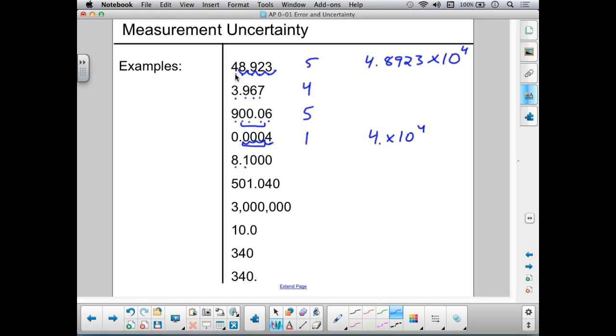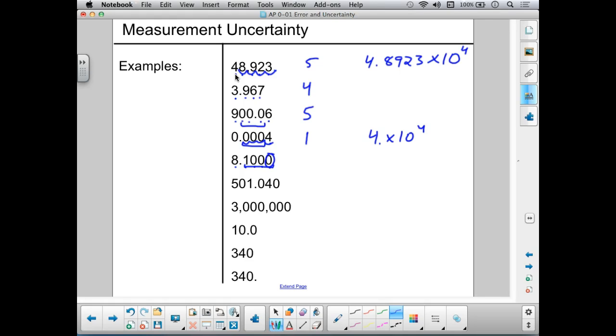Now this one over here, I'm going to use my rules. There are 2 values that are not zero, so that's at least 2 significant figures. And then remember our rule that trailing zeros after the decimal are telling me something important. They're telling me that this is exactly 8.1000. I could measure out to this, and all those values were 0. I'm giving you an exact value out to 4 decimal places.